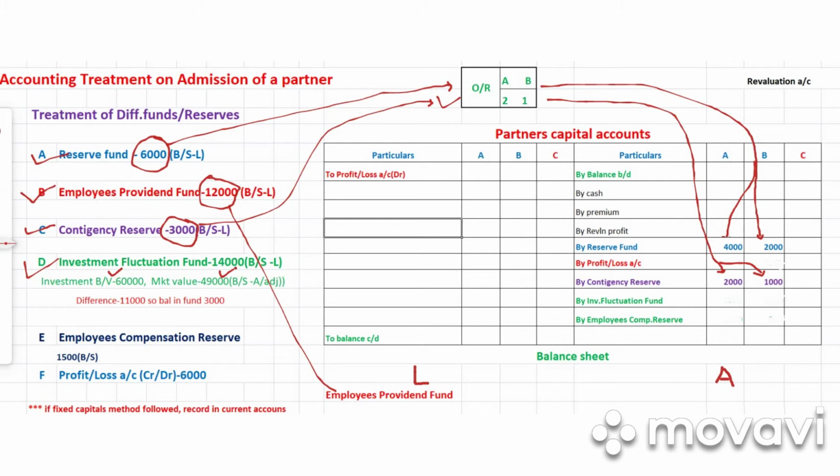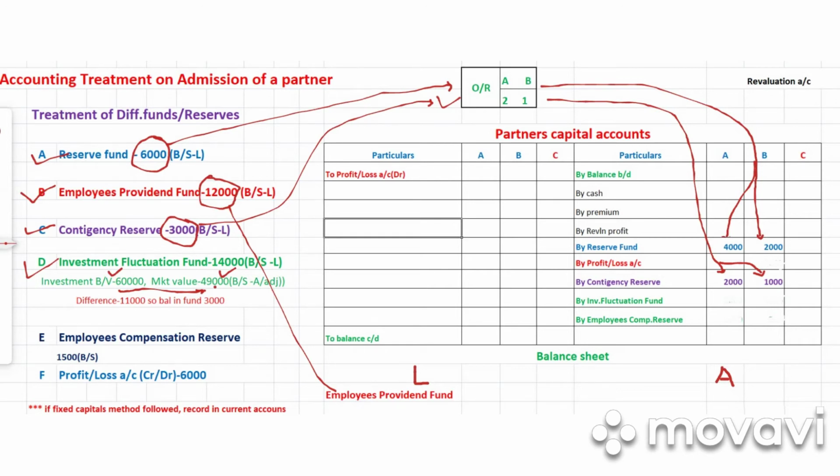This investment is subject to market fluctuation. So the value of this investment may go up, it may come down. So in this particular case, this 60,000 has become 49,000. That means it has been reduced by how much amount? 11,000 rupees.